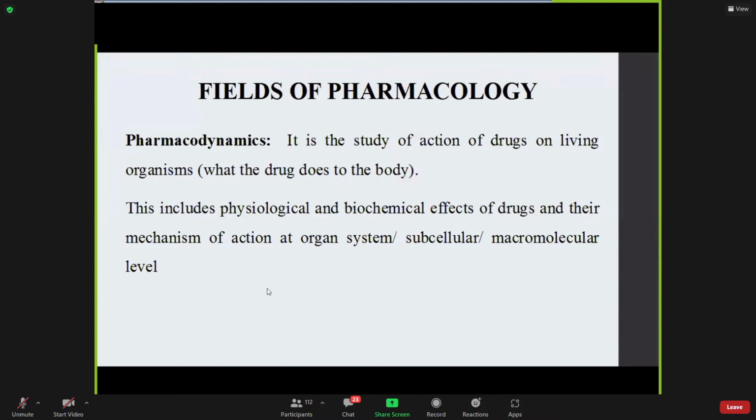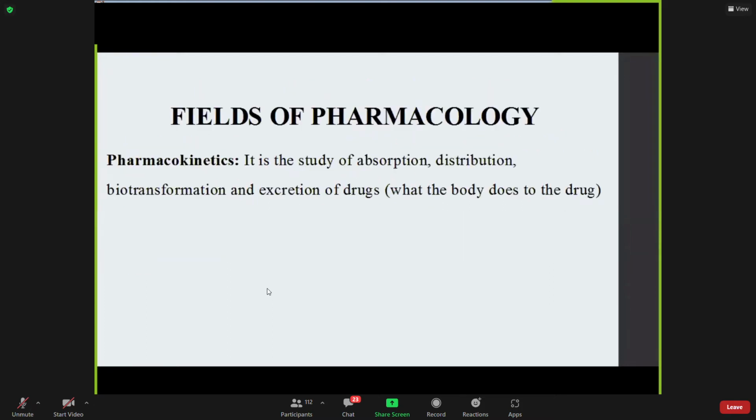Drugs can alter our physiological functions, or they can cause some biochemical changes in our body. So how the drug will act in the body, the study of this is known as pharmacodynamics. That is the mechanism of action on a particular organ, at the cellular level or at a macromolecular level. So the study of the drug on the body is pharmacodynamics.